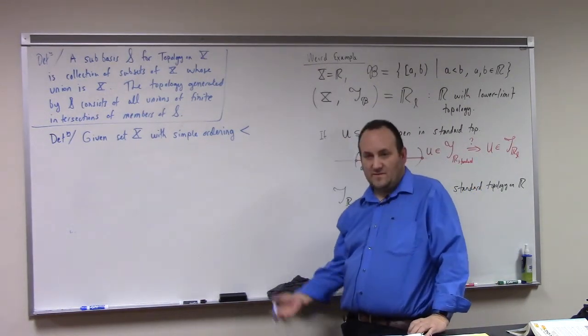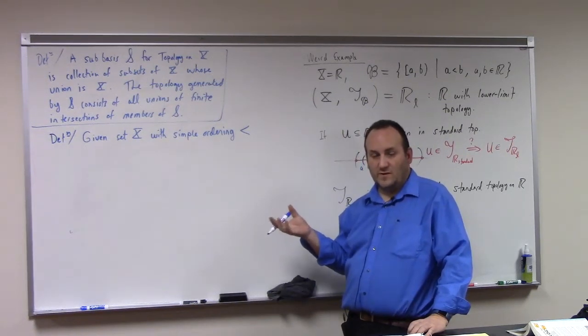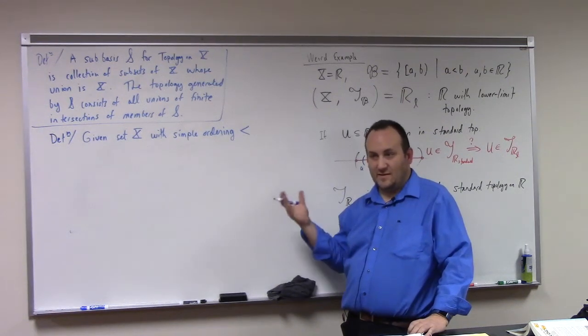All right, so I'm pretty sure what this means is that if you're given two distinct elements of the set, one has to be less than the other.